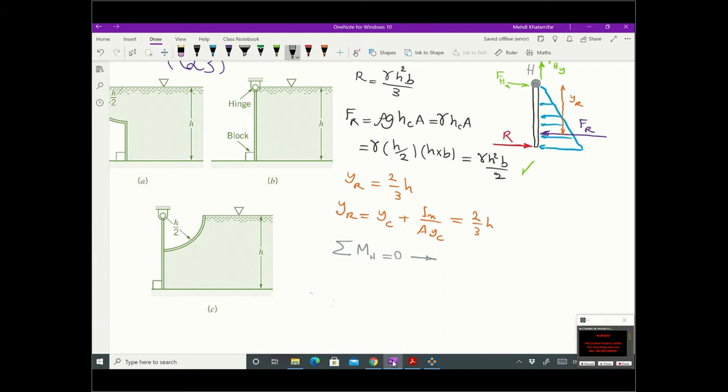So the force from the block R times the distance from H, which is h, must be equal to the resultant force, gamma h square b divided by 2, times the distance, which is 2/3 of h. Therefore R is going to be gamma h square b divided by 3.